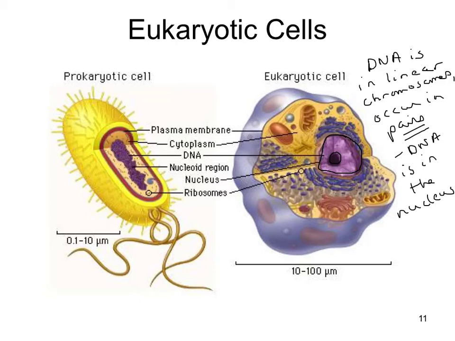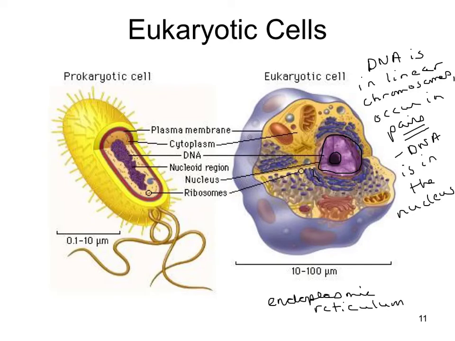So the nucleus is bounded by membranes, another feature or hallmark of eukaryotic cells, and the nucleus contains the chromosomes for the cell. We also have ribosomes, and the ribosomes in eukaryotic cells are found embedded in a layer of membrane called endoplasmic reticulum.